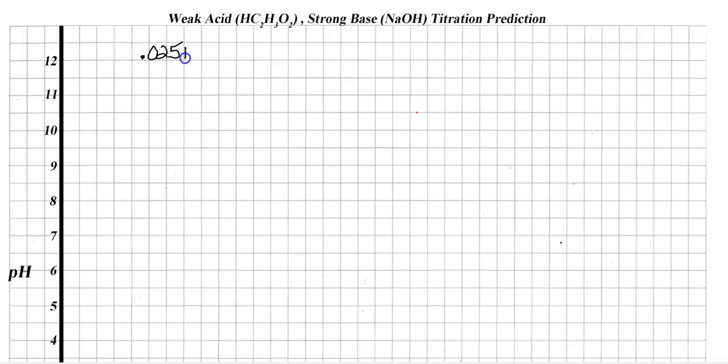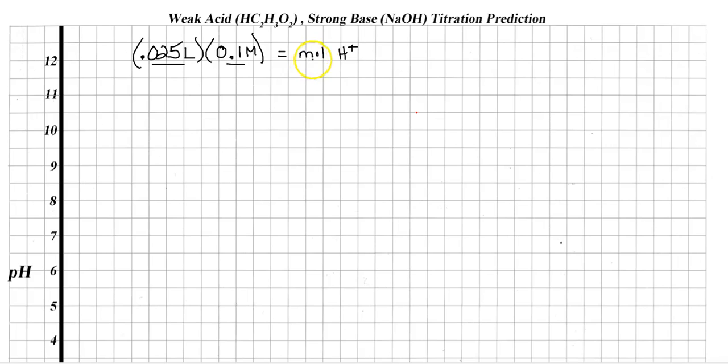I went right to liters, not going to mess around. I was given that the molarity of the acid was 0.1 molar, okay? And I know that the volume times the concentration is going to give me the moles of my H plus, my weak acid.